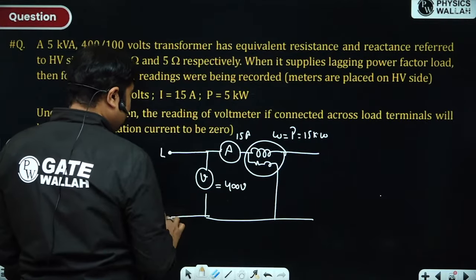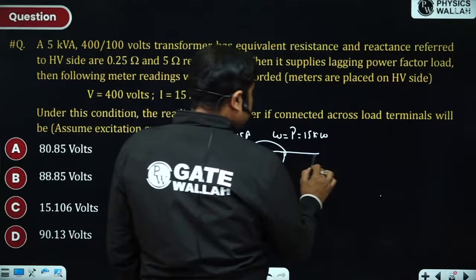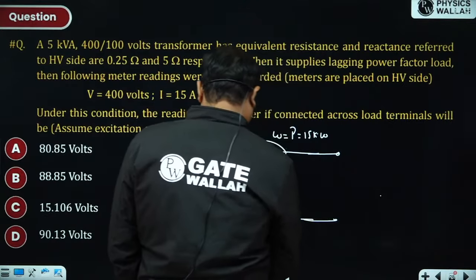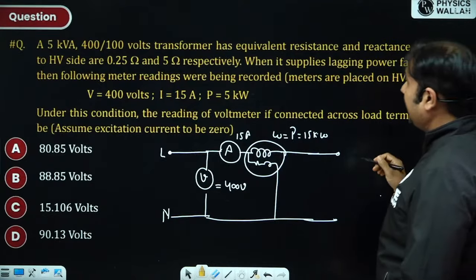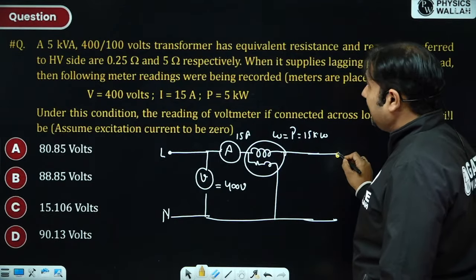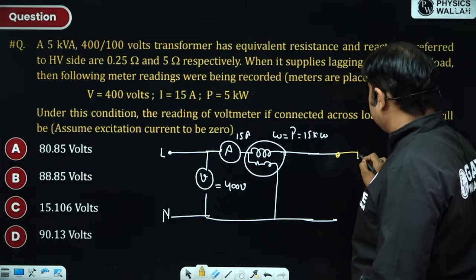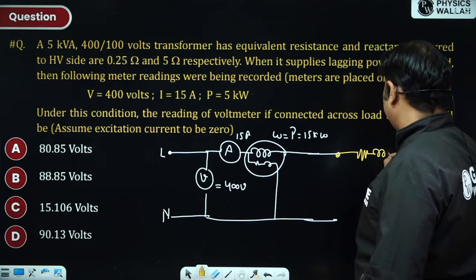This supply is given to one transformer, and that transformer's HV side has equivalent resistance and reactance, which we know.